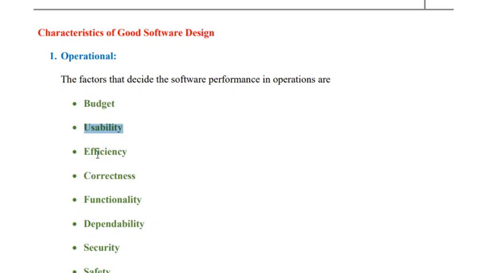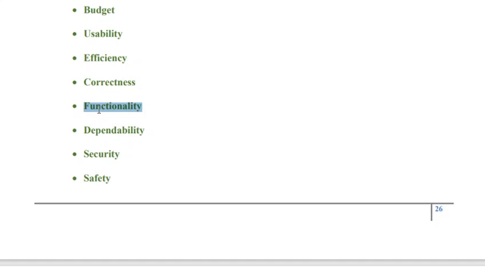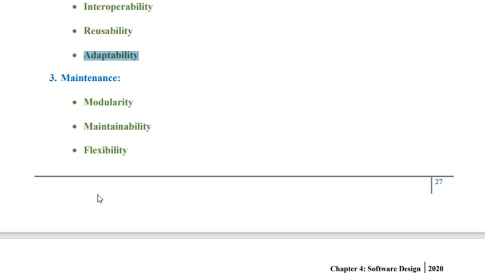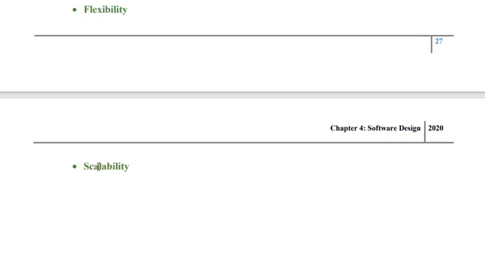It should be usable, efficient, correct, express all the functionalities, and be dependable, secure, and safe. Transitional: it has to be portable, interoperable, reusable, and adaptable. Maintenance related: it has to be modular in orientation, exhibit maintainability, be flexible, and be scalable.